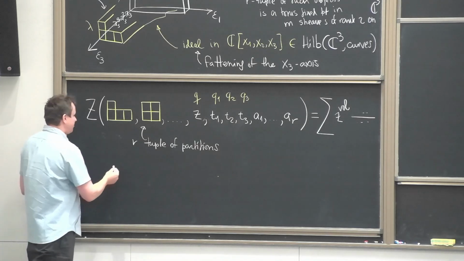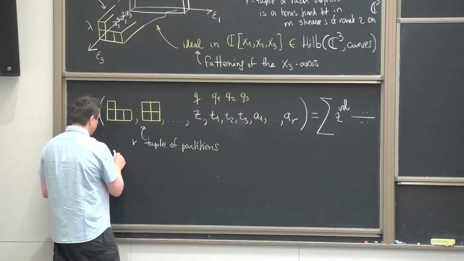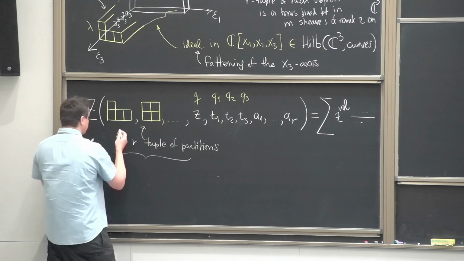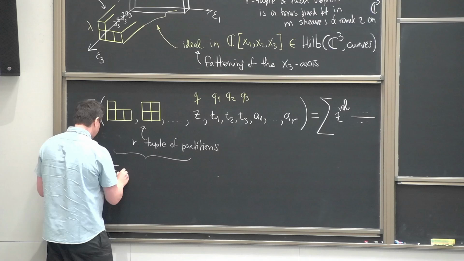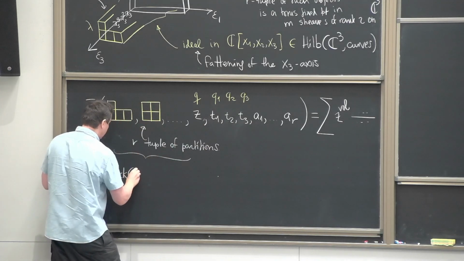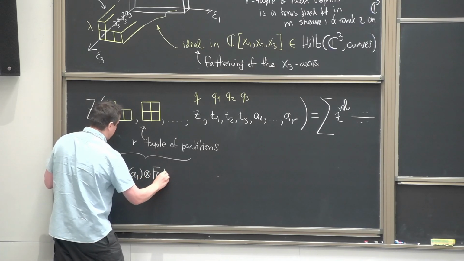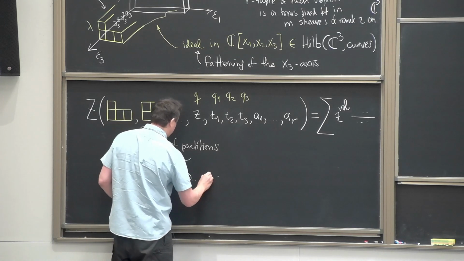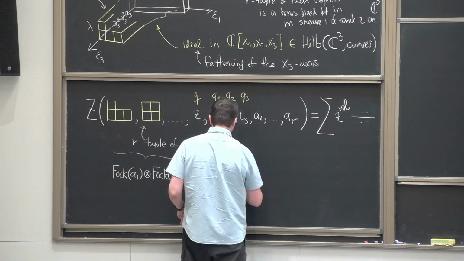It depends on our tuple of partitions. So this whole thing is an element in a product of Fock spaces. Because a partition is the basis of Fock space, it will be an element in some Fock space. Since the parameter A1 is attached to the first partition, I write A1, tensor Fock space with the parameter A2, and then a Fock space with the parameter A3.